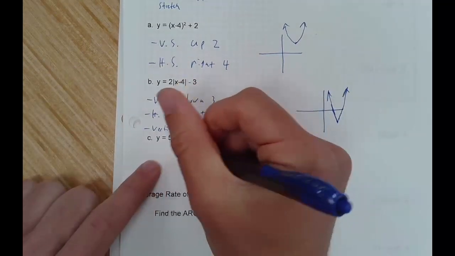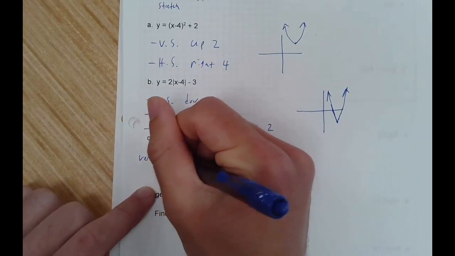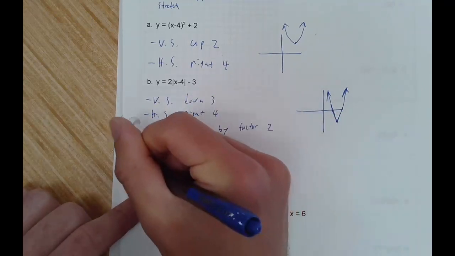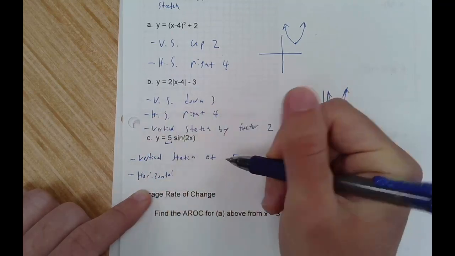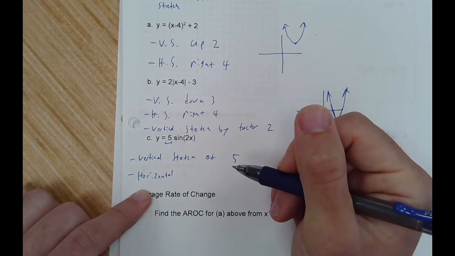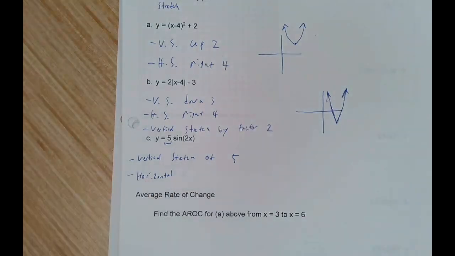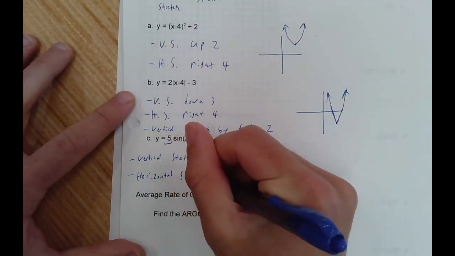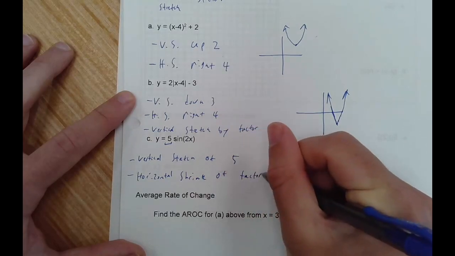5 sine 2x, so this is a vertical stretch of 5 and a horizontal shrink of factor 2.